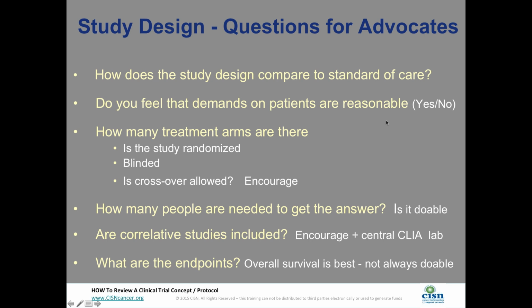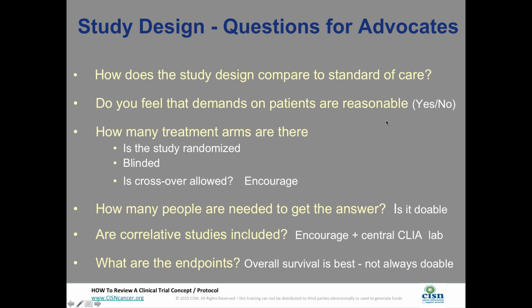How does the study design compare to standard of care? Make sure you're really clear about that. That means you'll have to know what standard of care is for this patient population. And if you don't know, then ask somebody. Do you feel that the demands on the patients are reasonable? Here's where you could say, do you really need that second biopsy?